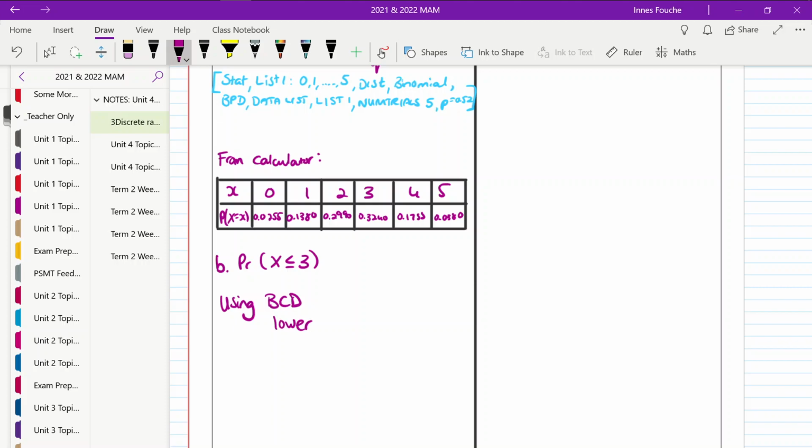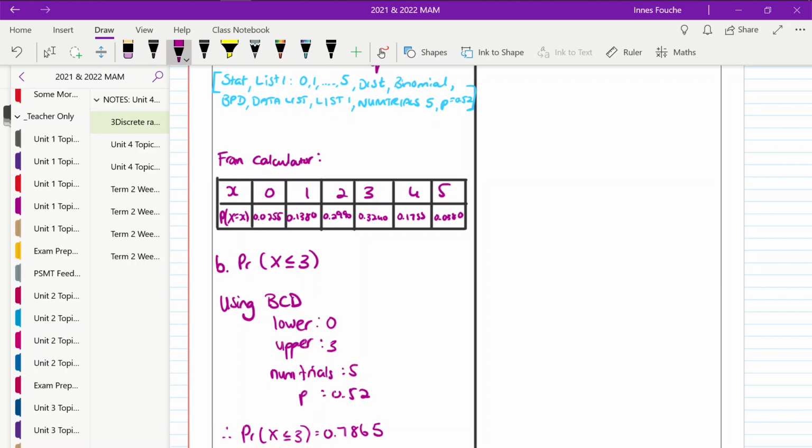In terms of what's expected in your exam, you need to communicate what you're putting in on your calculator. So you're going to say, using BCD, you're going to have lower is 0, upper is 3, number of trials is 5, and P is 0.52. And then you're just going to say, therefore, the probability of X being less than or equal to 3 is 0.7865.